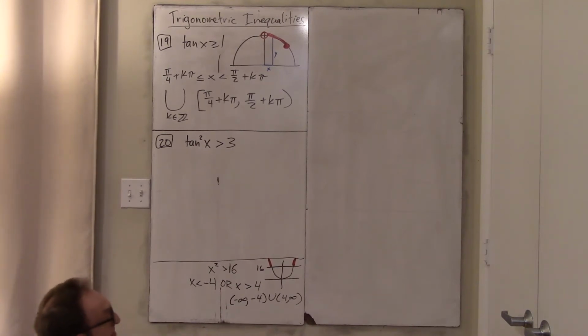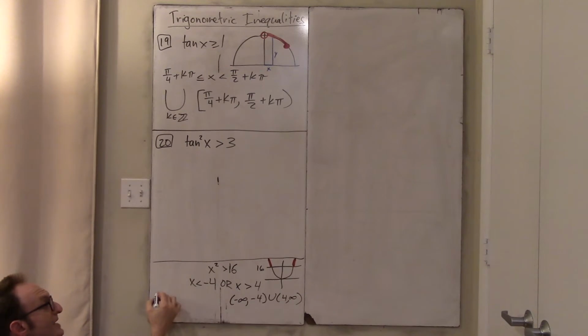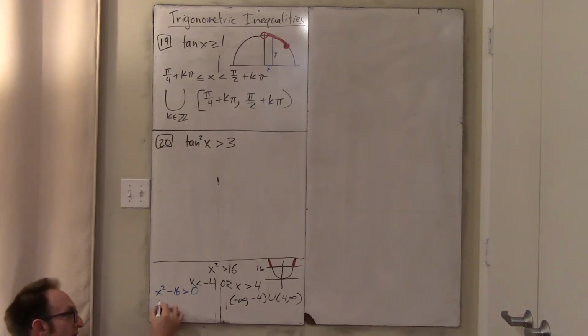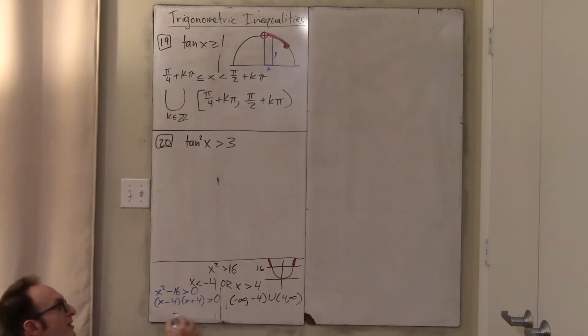There's even the potential idea that you bring the 16 over to the other side. This is, after all, what I taught you. And factor or something like that. So x minus 4 times x plus 4 is positive, and when is that true? You can make a whole sign chart, and you can see that this is negative 4, this is 4, this is a quadratic, so it's going to be positive, negative, positive.